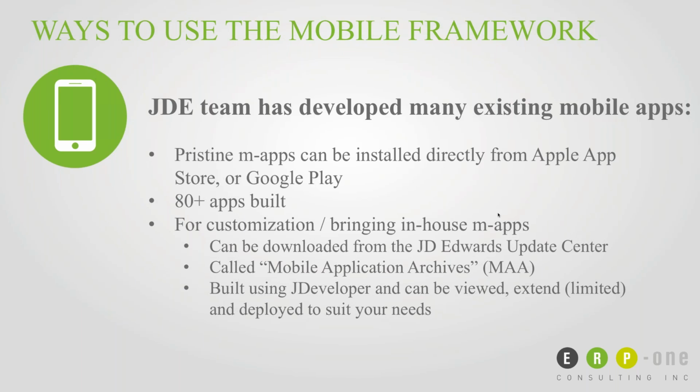So they've tried their best guess to figure out what you would use and pre-write it for you. Those apps can be downloaded from the JD Edwards Update Center, and they're in the form of what we call Mobile Application Archives, or MAA. And they can be pulled in and used from the Update Center. And there are ways to extend and customize them, and we'll talk about that in a minute.